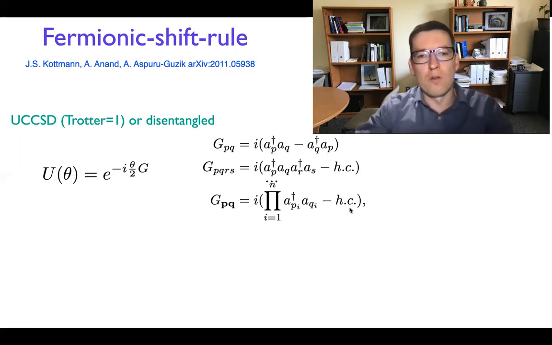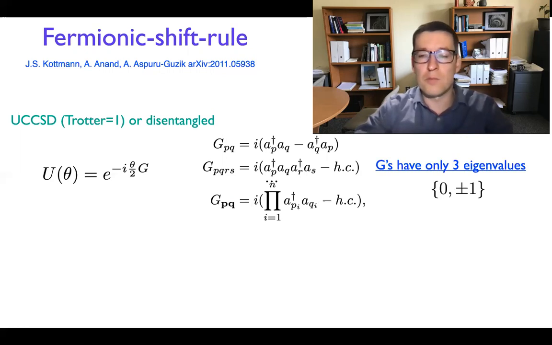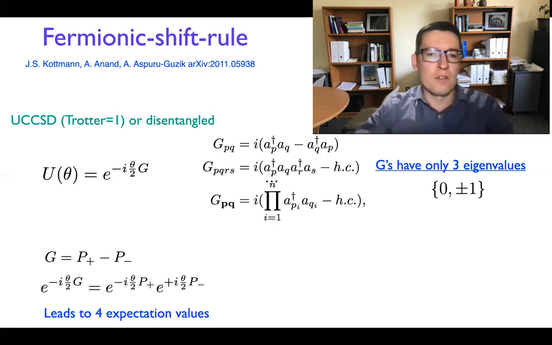It turns out that all these generators have a nice property that they have only 3 eigenvalues: 0, plus, and minus 1. And you can do a certain expansion of these generators into projectors to the plus and minus eigenspaces, as well as the 0 eigenvalue space.